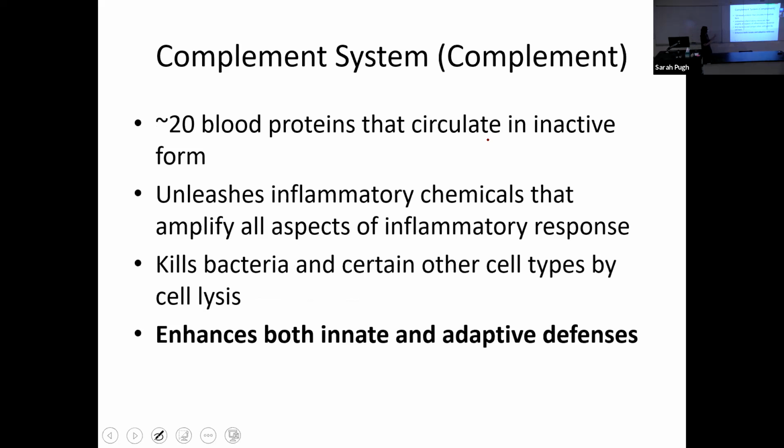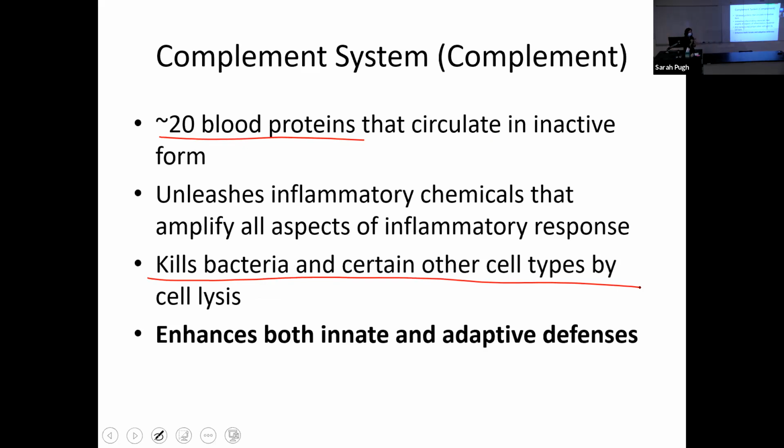Then we also have, again, in our second line of defense, complement proteins. These are proteins we find in the blood. There's about 20 blood proteins that are classified as complement proteins. And they're always in your blood in an inactive form. And their job is that they're going to help to kill off bacteria and cells that do not belong by causing the cell to lyse open.